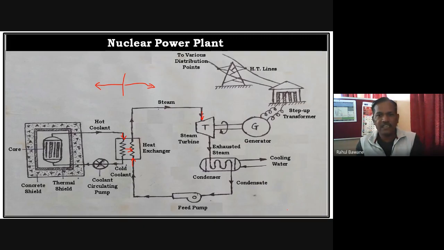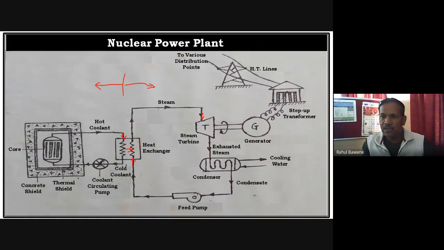In the second system, incoming water in the heat exchanger receives heat from the hot coolant and is converted into steam at high pressure and high temperature, superheated steam. Then this steam is allowed to pass through a steam turbine, where it produces mechanical work in the form of rotation of the shaft. This mechanical work is supplied to the generator unit, where electric power is generated.